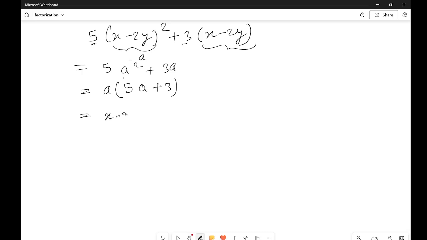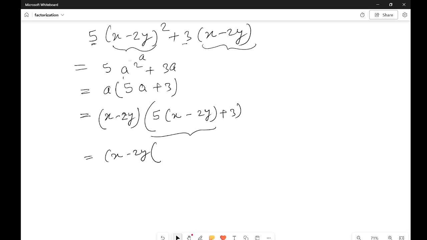So x minus 2y within bracket, 5 times a, which is x minus 2y, but within bracket, so one more bracket, x minus 2y plus 3. If you want, you can simplify this expression. So this will be x minus 2y times (5x minus 10y plus 3).